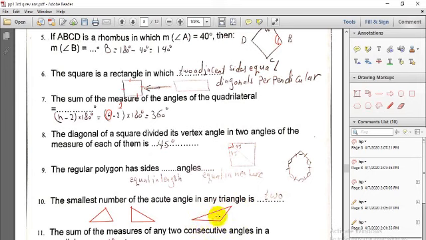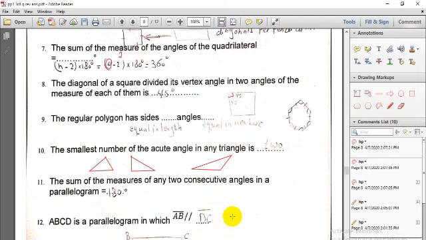I also have two acute angles. So the smallest number of acute angles in any triangle is 2. All of them have at least 2 acute angles.